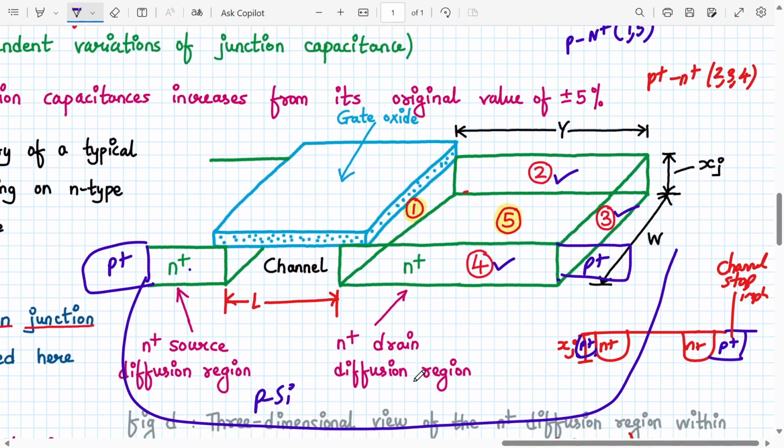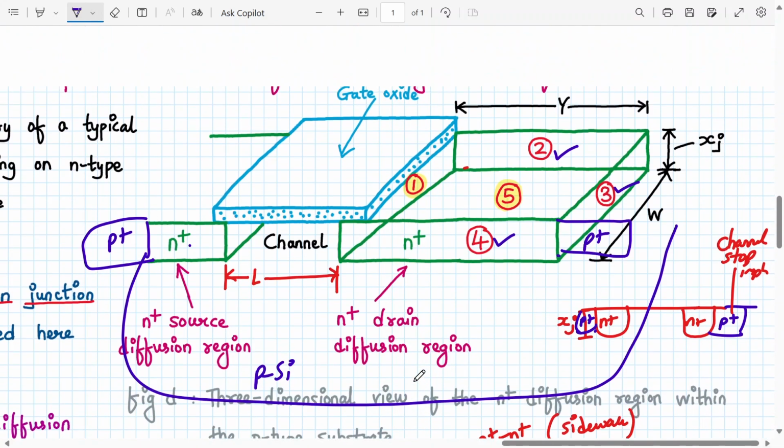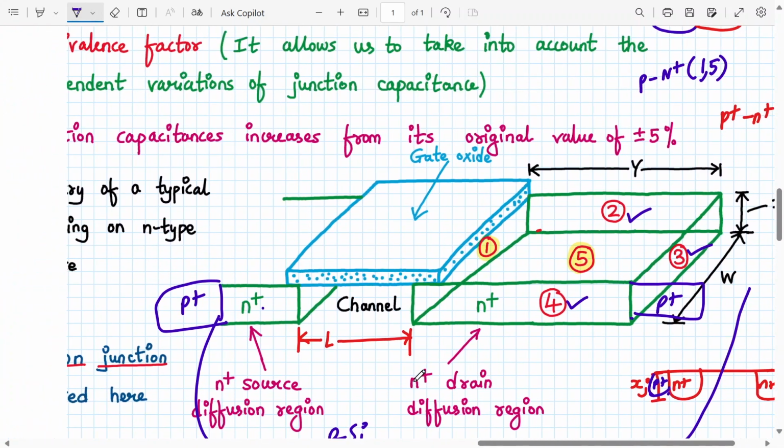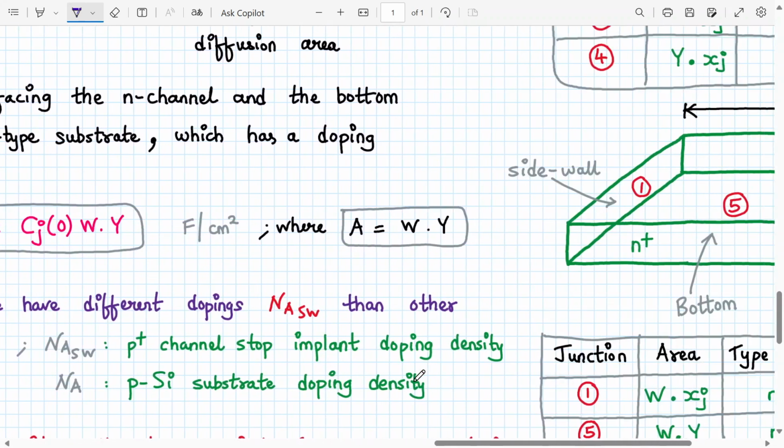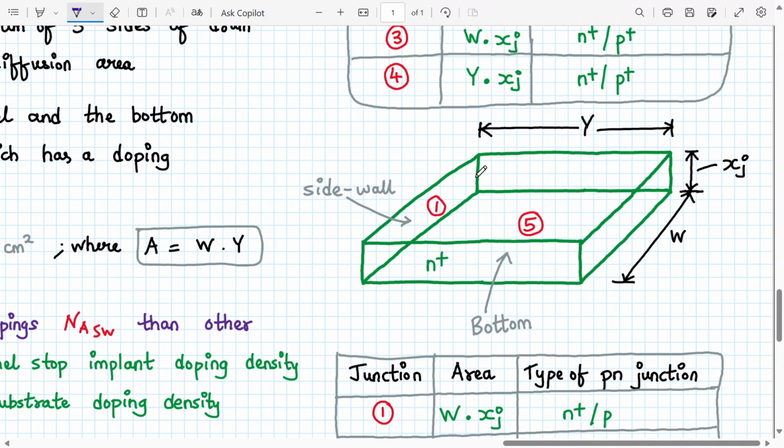So what will be the bottom capacitance? It is facing like this. See, bottom capacitance is like this. So we have now 1 and 5. The 1 is side wall, and 5 is bottom.